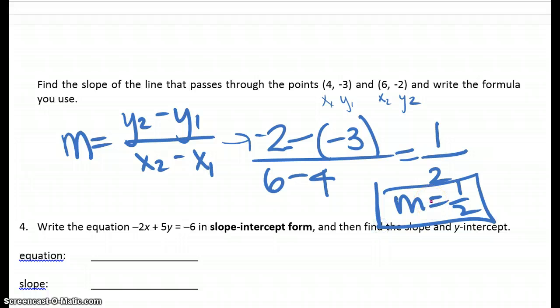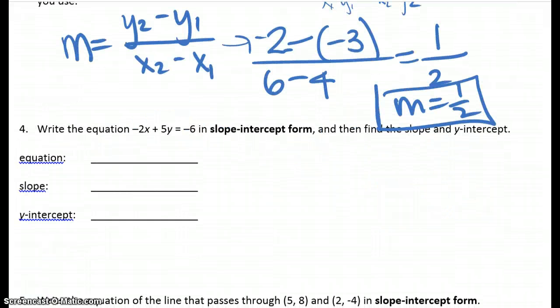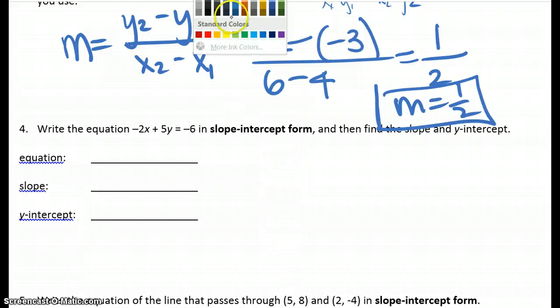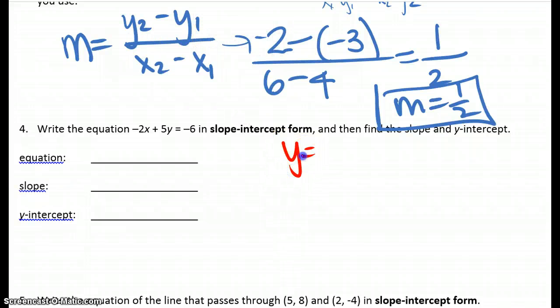The next question, I need to write the equation negative 2x plus 5y equals negative 6 in slope-intercept form. This is what we worked on all day today, trying to make sure you understand how to do this. I need to get my equation to look like y equals mx plus b.